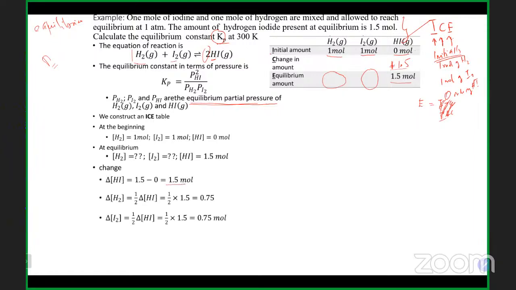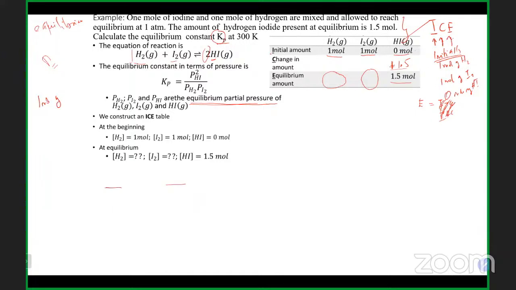So 1.5 moles have been created by the change in the amount of HI. Looking at the stoichiometry of the reaction, 1 mole of H2 is equivalent to 2 moles of HI.